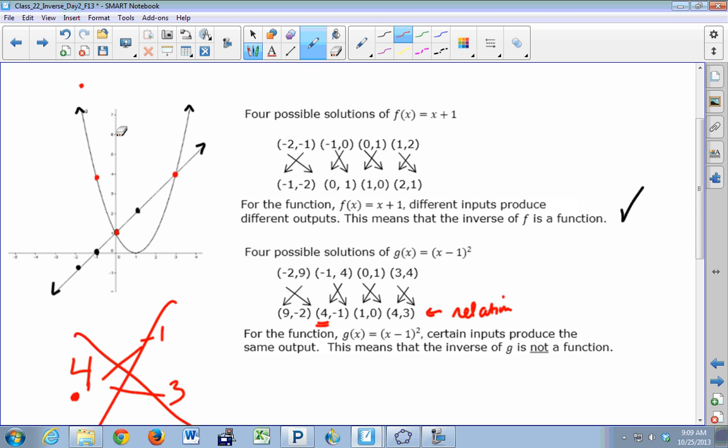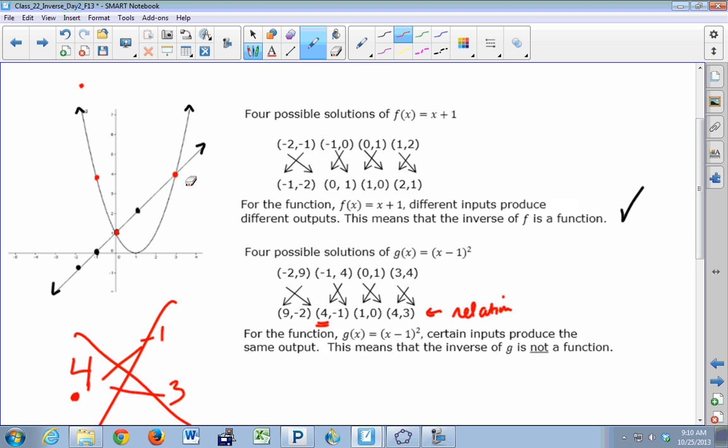Any function that's always increasing throughout your domain or always decreasing will have an inverse function. But look at this. This is decreasing, and then it starts to increase. So there's going to be symmetry here. So for 2 different x values, you'll have the same output. That says it doesn't have an inverse that's a function.